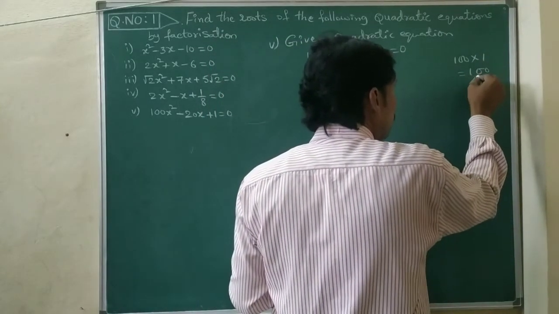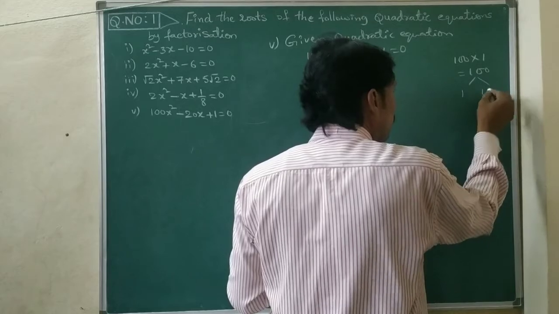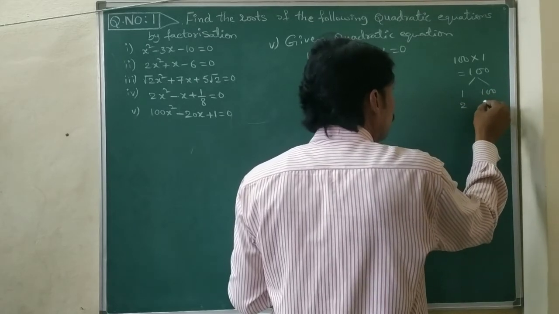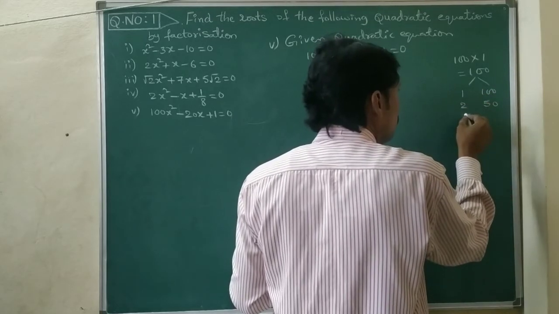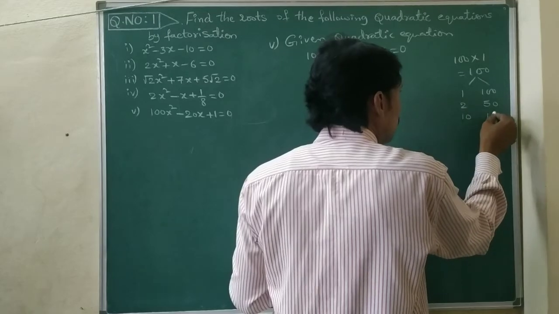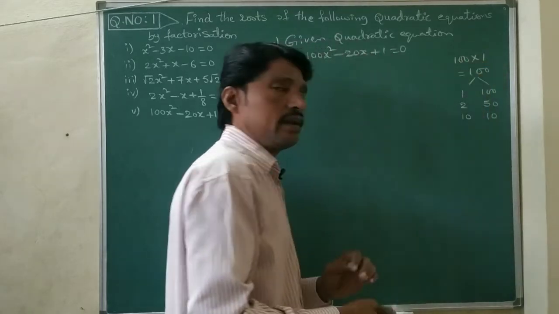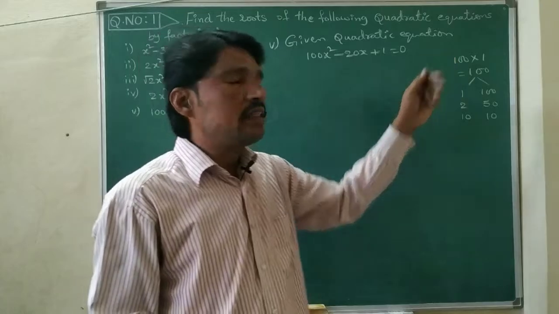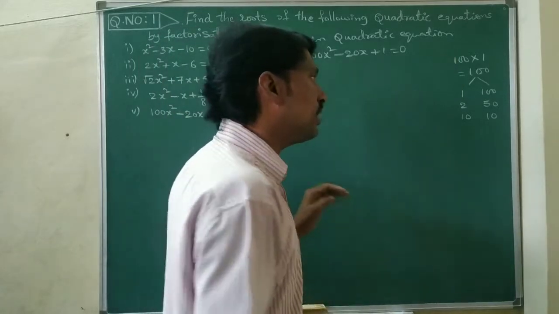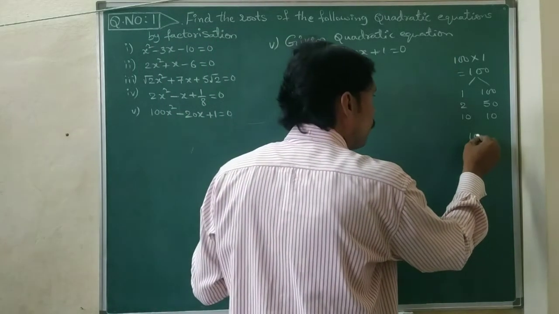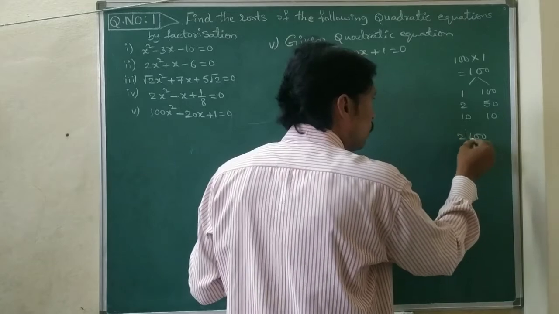How many ways can we write 100? 100 is 1 into 100, 2 into 50, and 10 into 10. Again, in reverse order we can write it. For a large number like this, we need to take an easy method: write the prime factors.